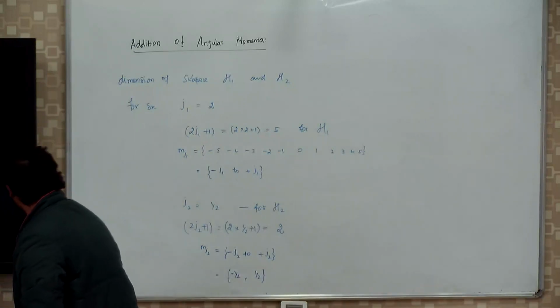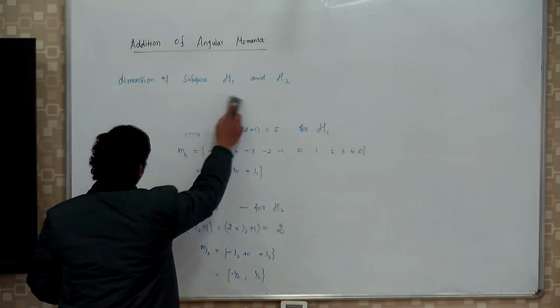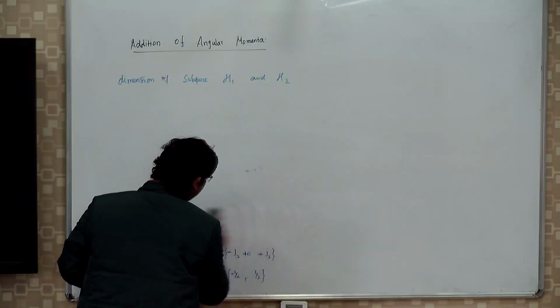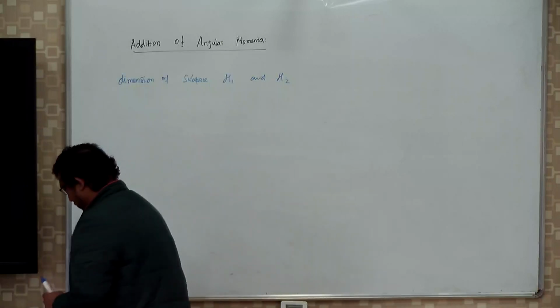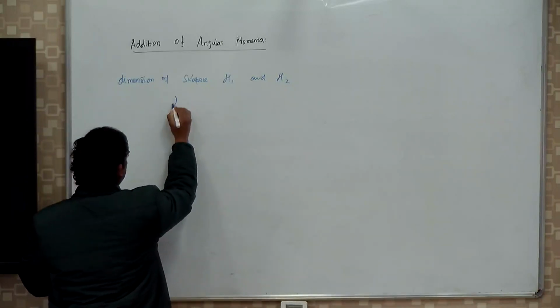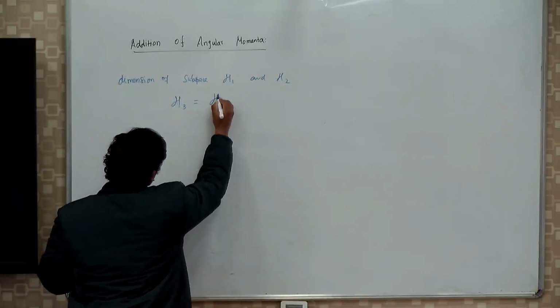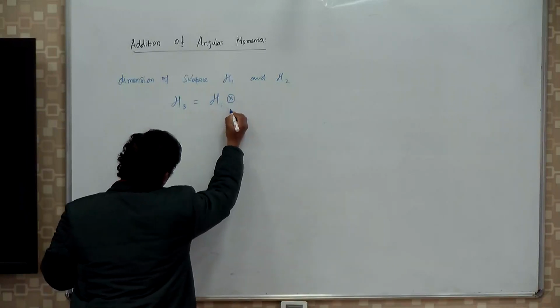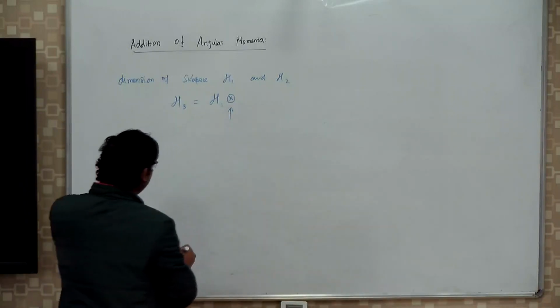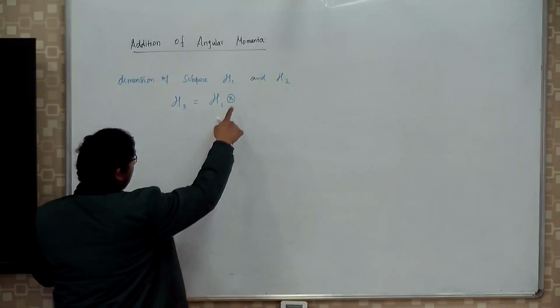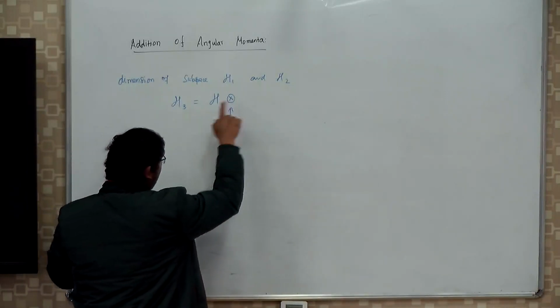Okay, let us look at the dimension of the composed space. The dimension of the composed space H3 is equal to H1 composed with H2. This is written in tensor notation; it is called the tensor product.